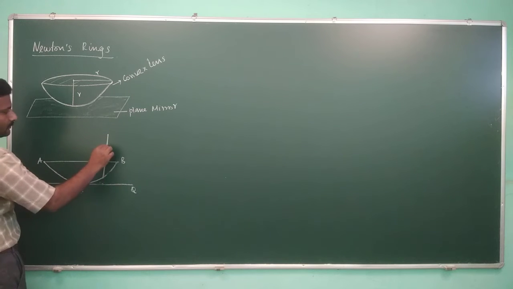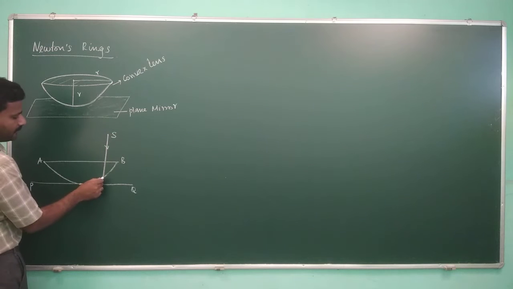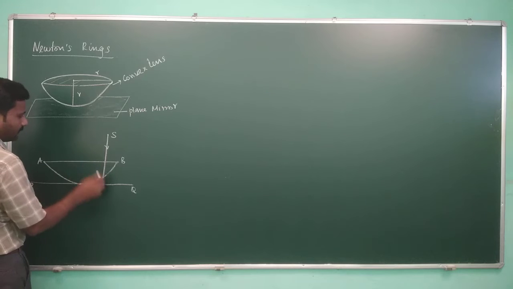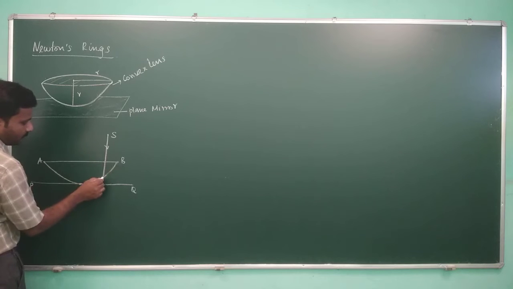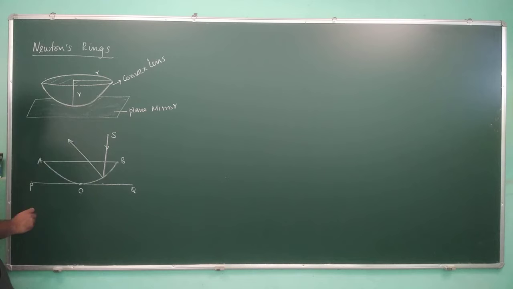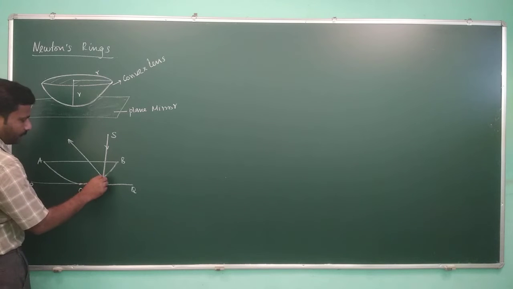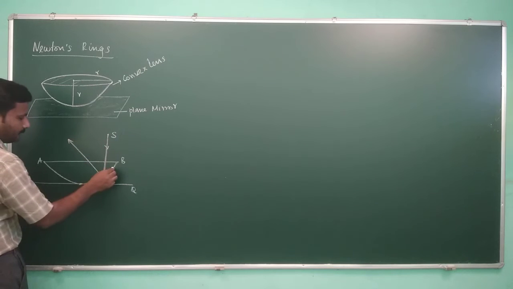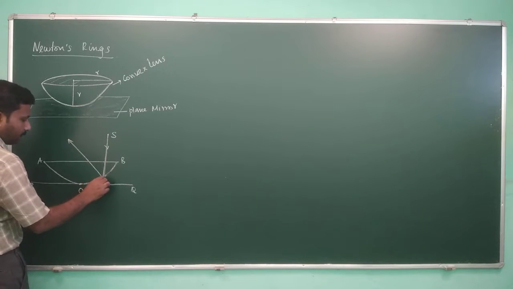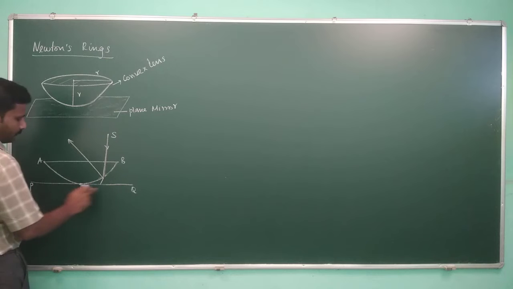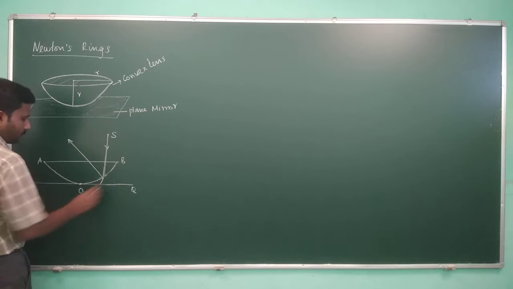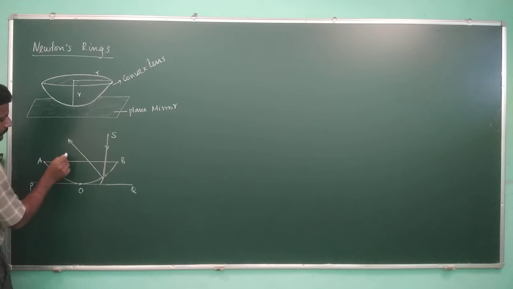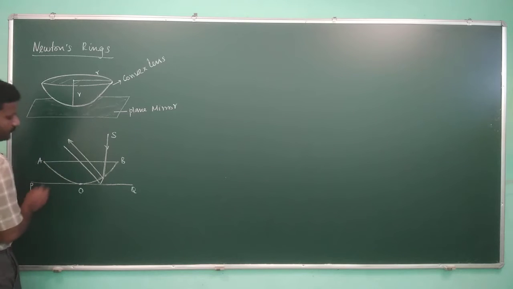This monochromatic light, let's say S, will be getting reflected from the bottom surface of the convex lens, that is this convex surface. Also, the incoming light ray is partially reflected at this surface and partially refracted into this air film, and it gets again reflected at this plane mirror, so that we have another reflection from this point.